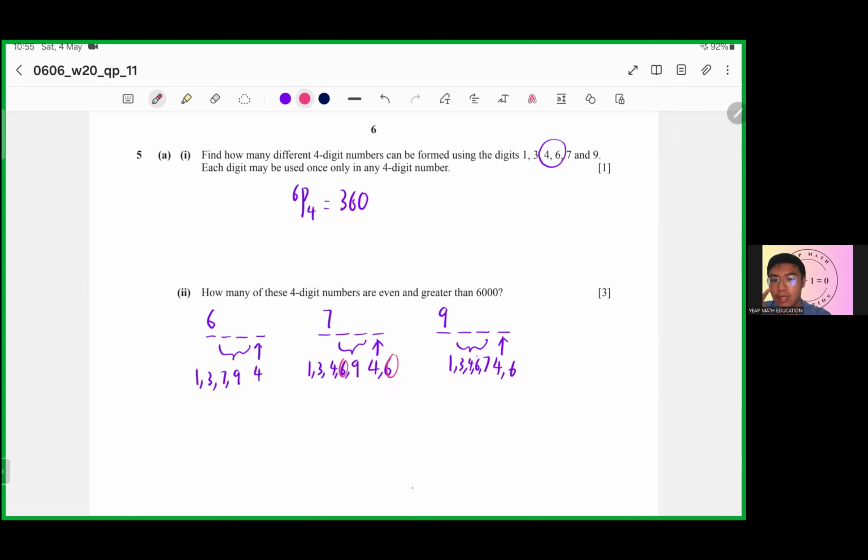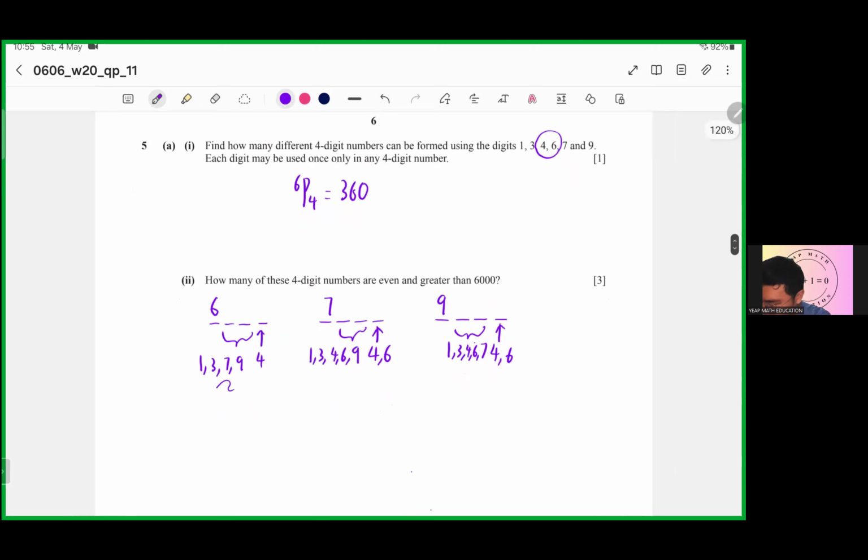So you can just use 4 numbers, 1, 3, 4, 9, to put in the 2 empty spaces. So first you see, 4P2 and then plus 2P1 multiply 4P2 and then plus 2P1 multiply 4P2.